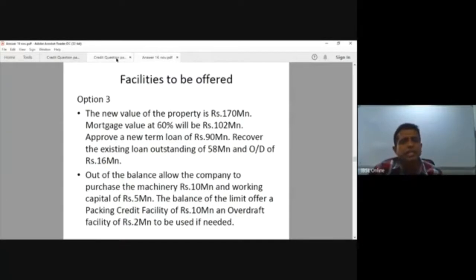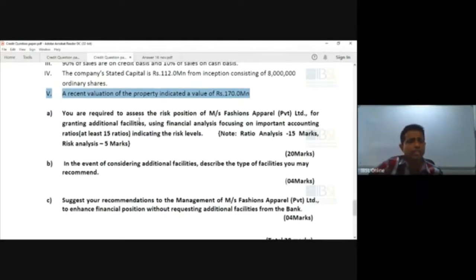Right. Then the last part of the question, they ask, suggest your recommendation to the management of MS Fashion Apparel Limited to enhance the financial position without requesting additional facilities. Now, under the last question, they said, now you are in the MS Fashion Limited.